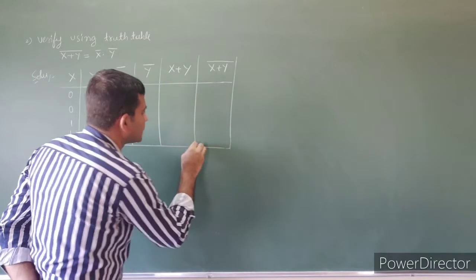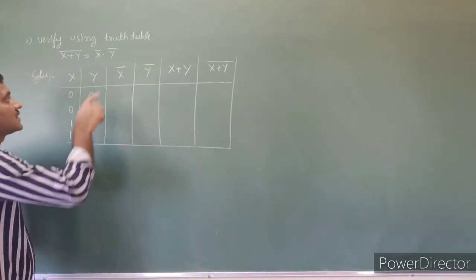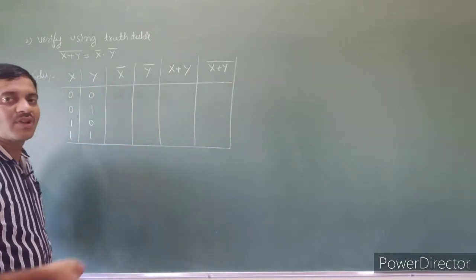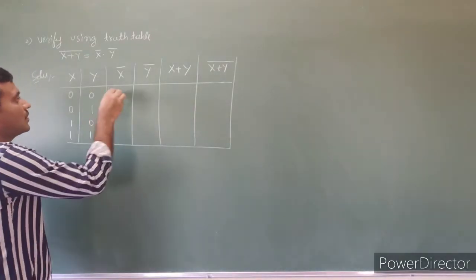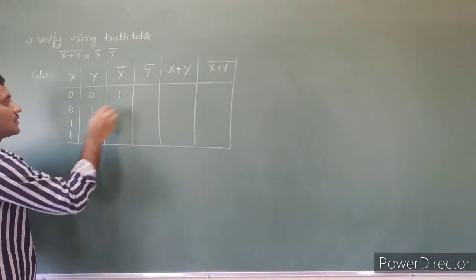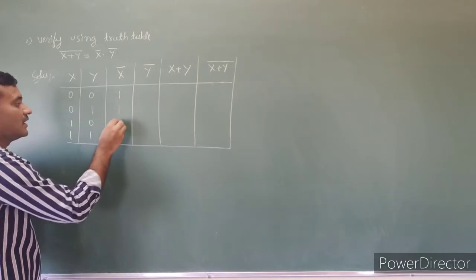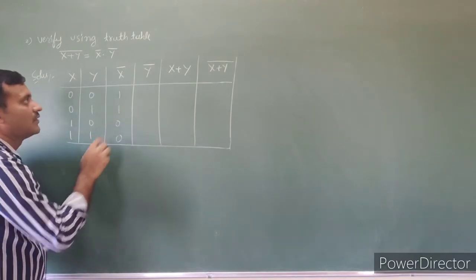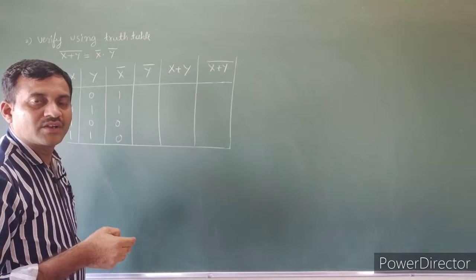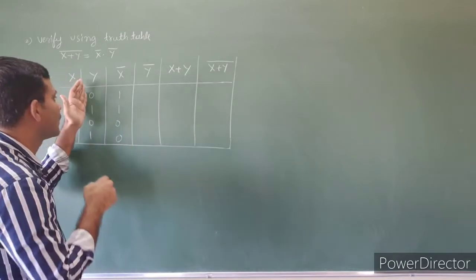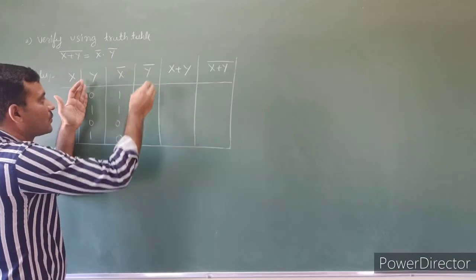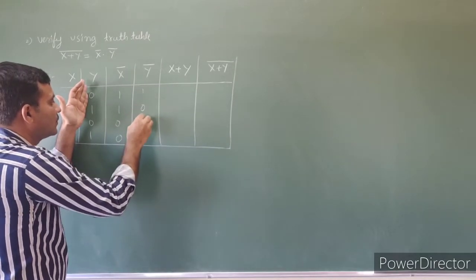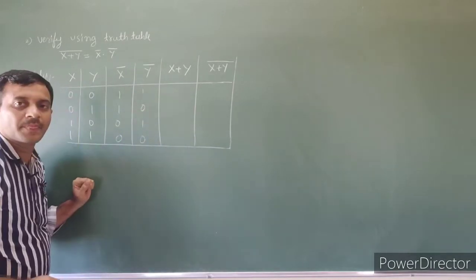So these are the possible combinations. What is x bar? The NOT operator complements the value. If it is 0, it becomes 1. If it is 1, it becomes 0. What is y bar? Y bar complements the value of the y column. In the y column, you have 0 1 0 1. With the NOT operator, it becomes 1 0 1 0.